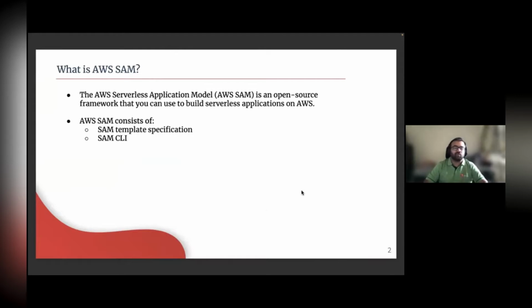For instance, I want to say that I want to create a Lambda, or I want to create an API gateway. Then you do that in a template, right? And the way you interact with the template is through a CLI. Okay. So those are the two things that are provided by SAM, and there are a lot of things that are covered in the CLI. So we'll hopefully touch a lot of those sections today, right?